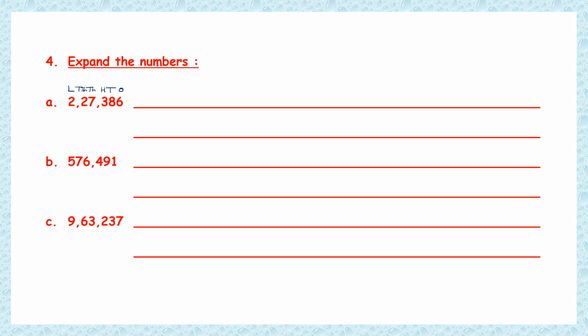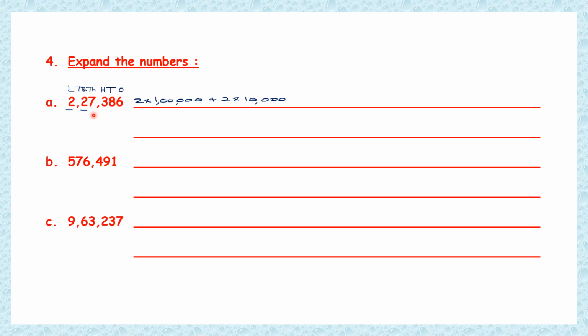So that will be 2 into 1 lakh. So 1 followed by 5 zeros. So 1, 2, 3, 4, 5. So we finished with the first 2. Now let's take this 2. This 2 is in the 10,000s place. So we say plus 2 into 10,000.